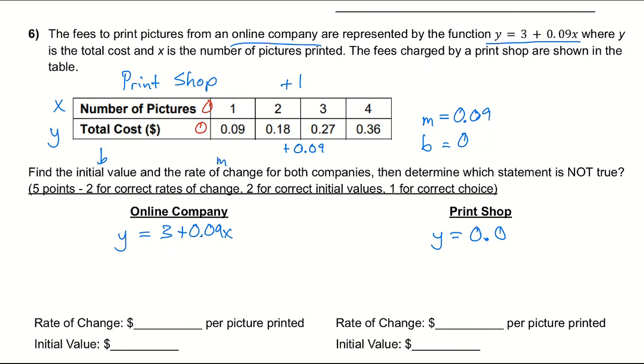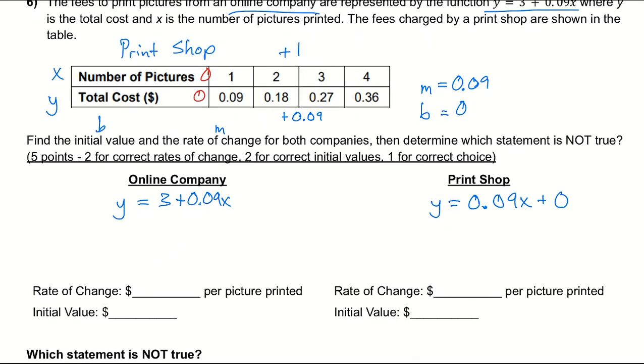That's interesting. But it doesn't have a y-intercept. So the rate of change is going to be the slope. So both of them are 0.09. Probably did not mean to do that when I made this, but oh well. The initial value, the online company, is $3 charge, and then $0 for the print shop.